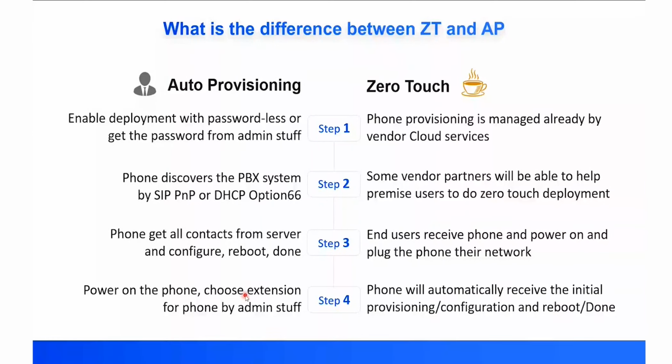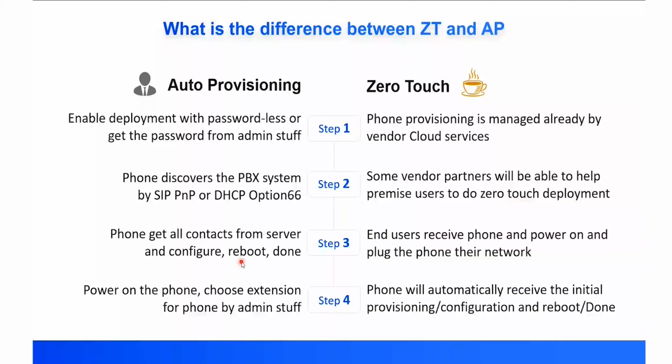And on our side, the admin staff or PBX staff have to go to the system GUI to create the extension and bind phone models or phone MAC addresses to a particular extension.